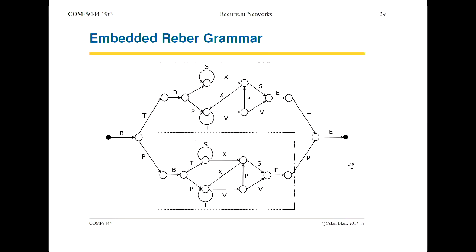If you try to train a simple recurrent network on this task, it will fail. It'll do this part correctly. It'll predict all of these things correctly, but when it gets to here, it can't remember where it came from, so it'll just predict P and T with equal probability.